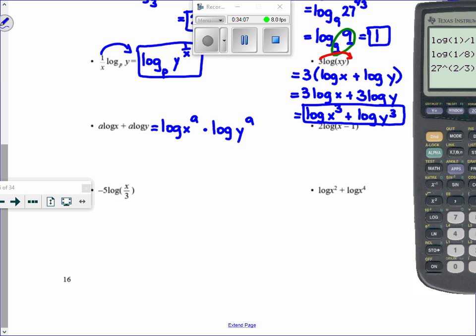And then because I have 2 logs, both in base 10, then I can combine them. Oops, sorry, my sign was wrong here. This should have been a plus, because all I did was apply the power law here, where I brought the a up as my power. Now I'm applying the product law that says when this is a sum, I'm multiplying those logs.